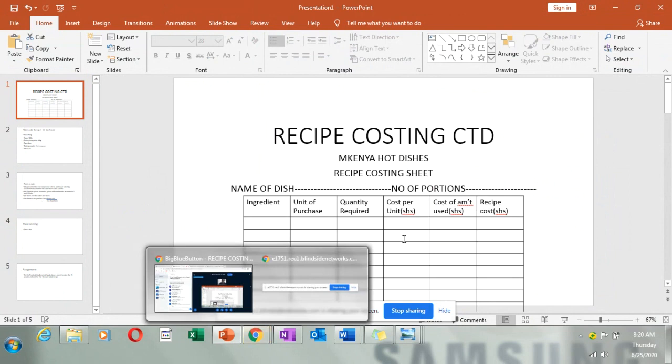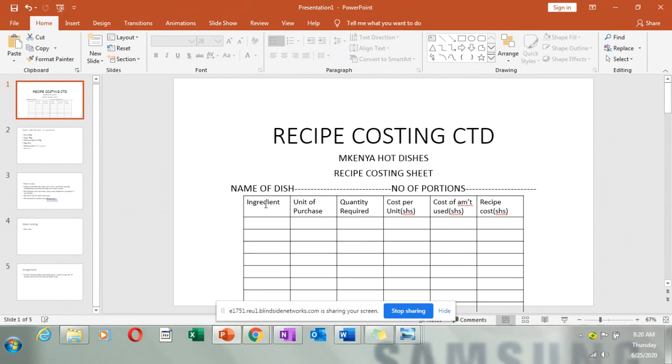Remember, we have talked about this. The ingredient is just that: if it is flour, you write flour. For unit of purchase, we write either kilogram, liter, piece, or bunch. Quantity required is the amount that the recipe is asking for. If it is asking for 120 grams, you can write 120 grams or 0.12 kgs.